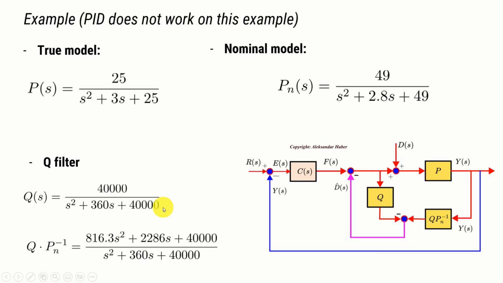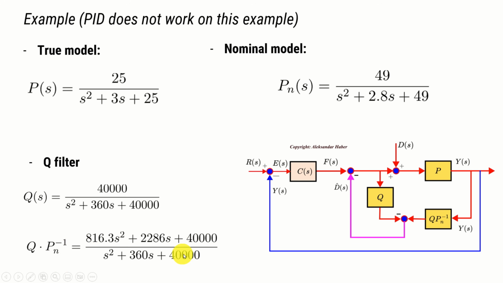The second requirement is a relative degree requirement. The relative degree of our nominal model is 2. Consequently, the minimal value of the relative degree of our Q filter has to be 2, and consequently we assume this form of the Q filter. To double check everything, we multiply Q by Pn minus 1, and we obtain this expression over here.